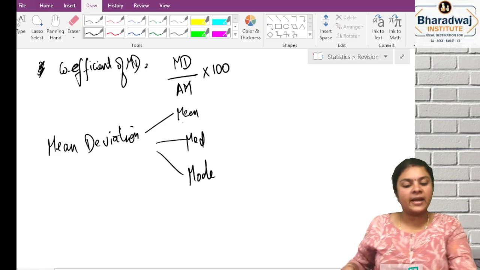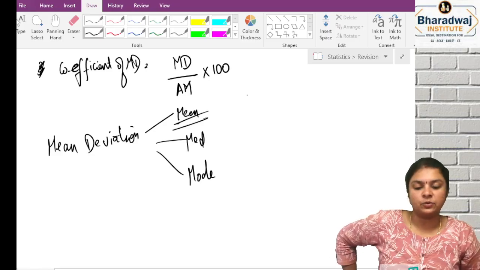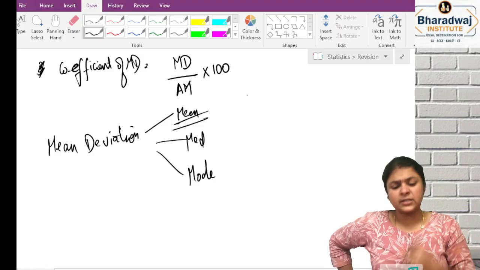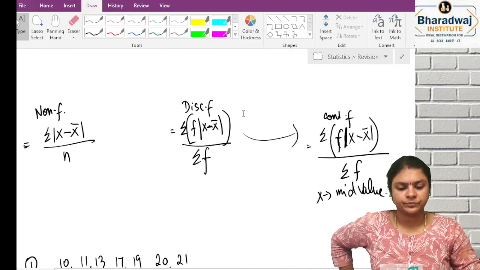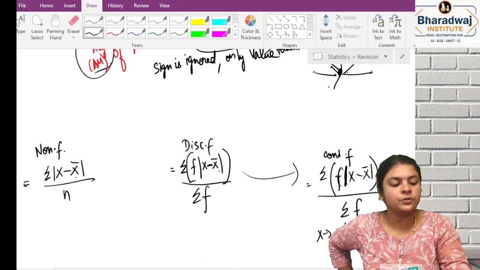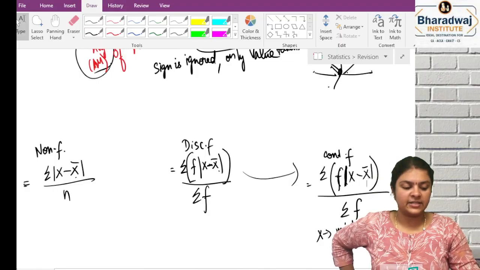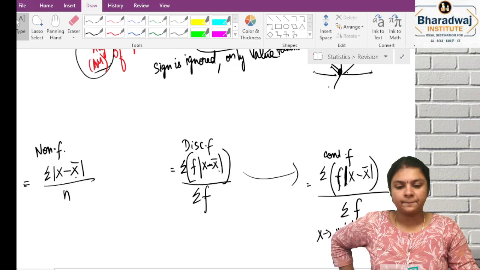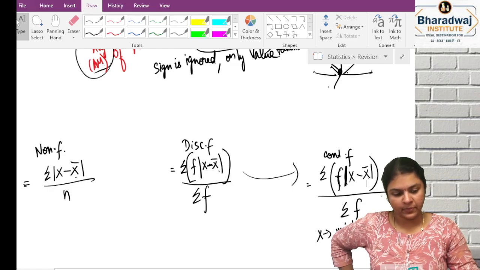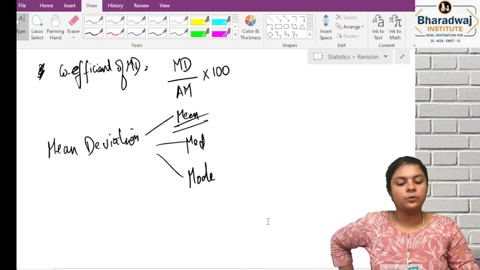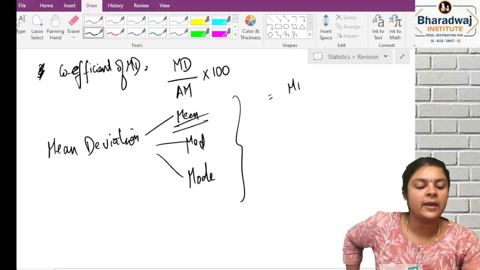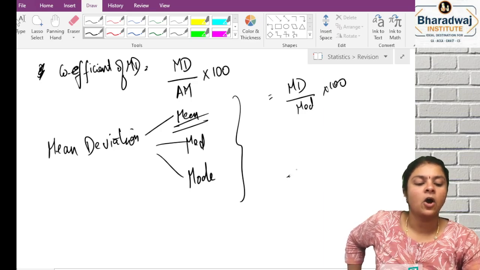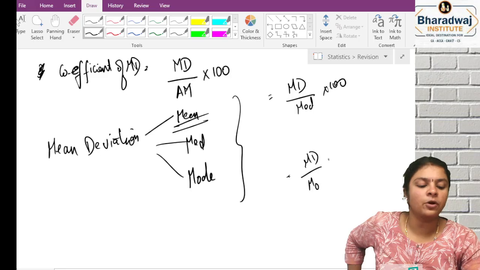If nothing like that is given, then mean is the usual that we will use. Ma'am, will the formula change? Nothing will change. Instead of using x bar, you will use median or mode respectively if it is asked. Clear? So if it is given this way, then your coefficient will be mean deviation by median into 100 if it is about median, or mean deviation by mode into 100 if it is about mode.